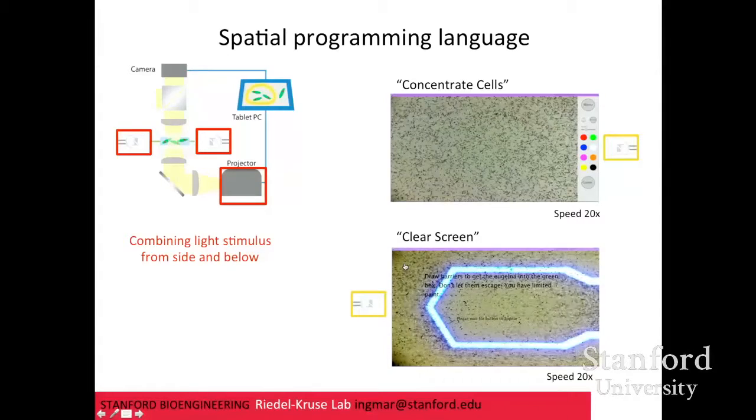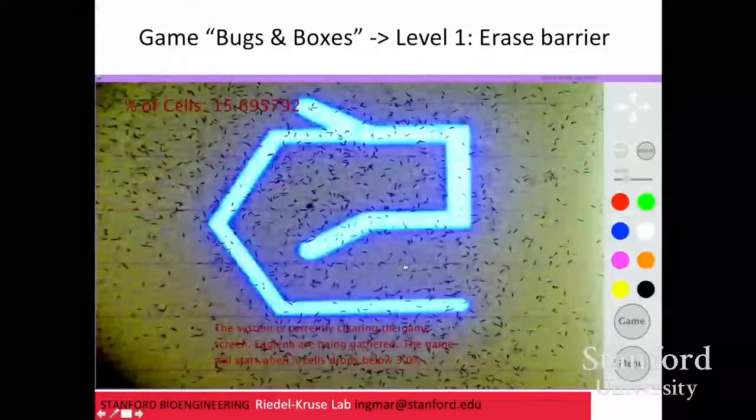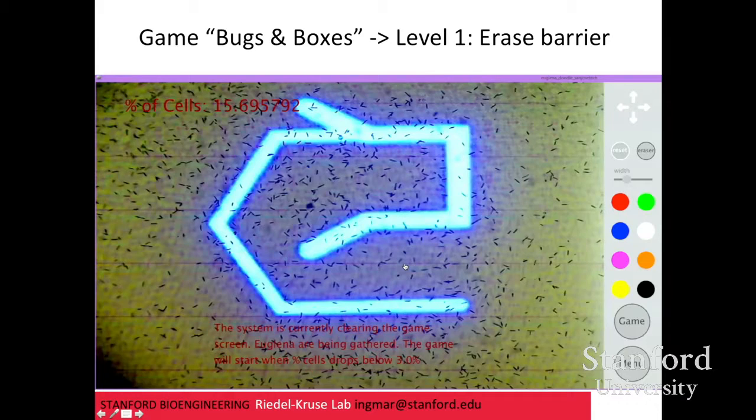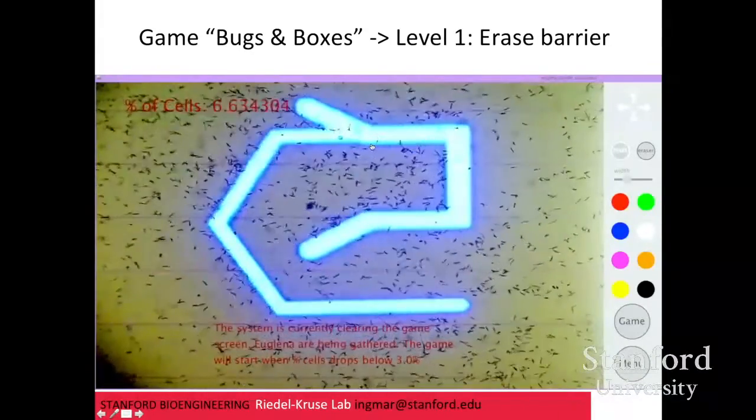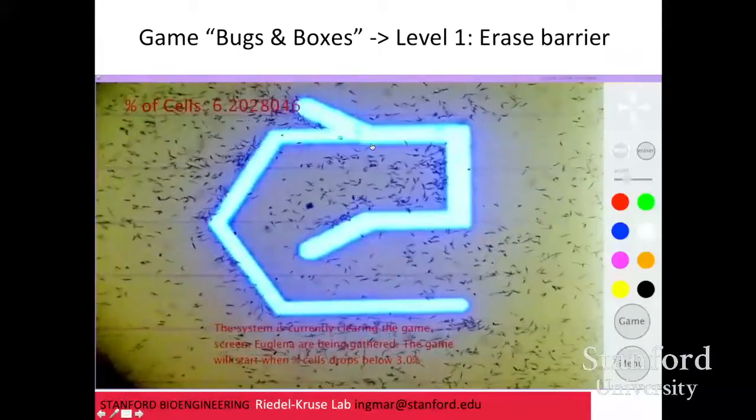And so you have certain ways of manipulating, and now you could ask yourself, what's an exhaustive enough programming language that you want and what you could do with it. So for illustrative purposes, we programmed a game on this, which we call bugs and boxes, that allows a demonstration of these sort of capabilities. And the idea, so this is the startup mode.